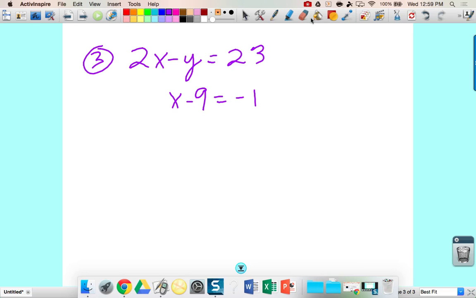Okay, so this is number 3. I'm going to choose the bottom one to start with because when you add 9 to both sides, you get x equals 8. Would the top one be difficult to start with? Are you going to end up with fractions or anything like that?